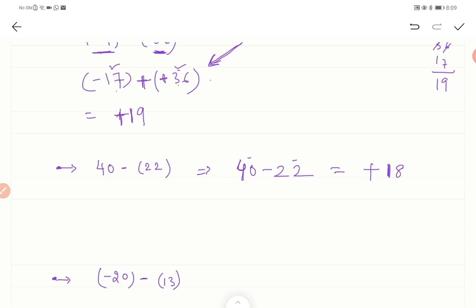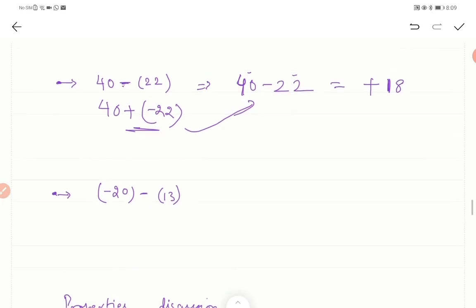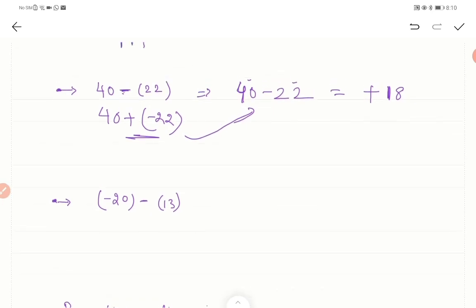If you go according to the additive inverse, I will convert this into plus, and the additive inverse of plus 22 will be minus 22, isn't it? So this and this are one and the same. Every time you take an additive inverse, don't get confused.